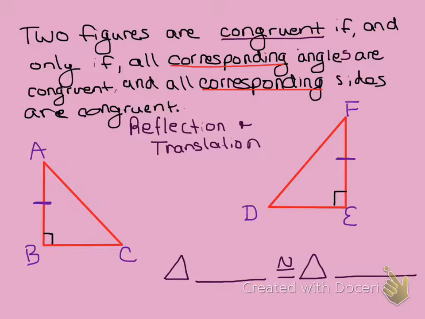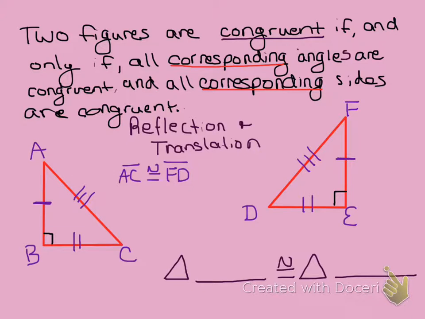We know that those two sides are congruent. BC, I'm going to put two marks here, corresponds to DE, and AC corresponds to DF. We write that as AC is congruent to FD. And we know that that's true because of the reflection and translation that's taken place.